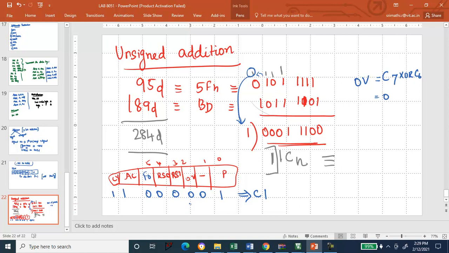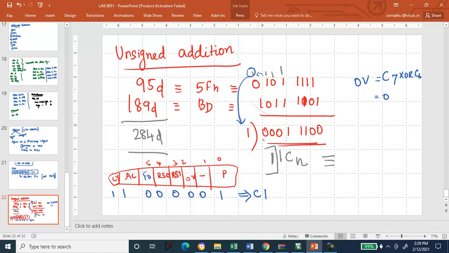Similarly, consider a carry out from bit number 6 to 7, so this is 0, 1, 2, 3, 4, 5, 6. If there is a carry from bit position 6 to 7, the grey color represents a carry. And if there is a carry from bit 7 to bit 8, that is nothing but your carry flag. That is how your carry flag is set to 1, because you have a 9th bit out of your addition.